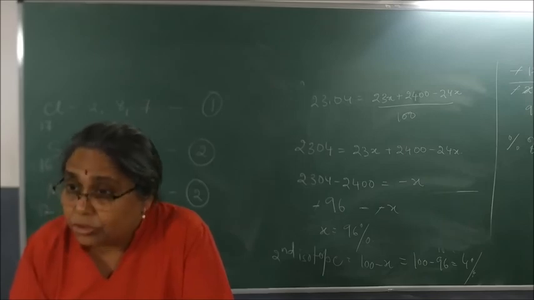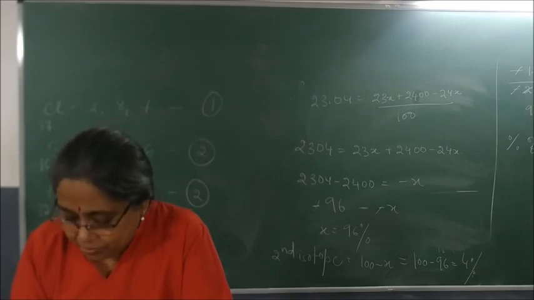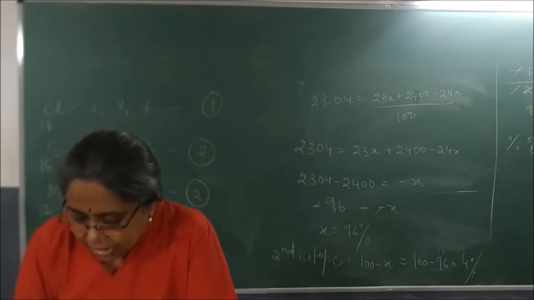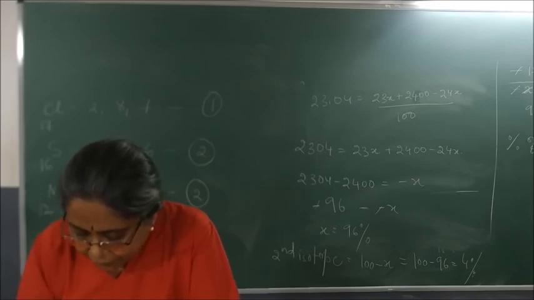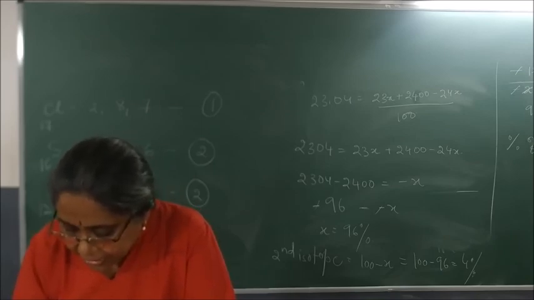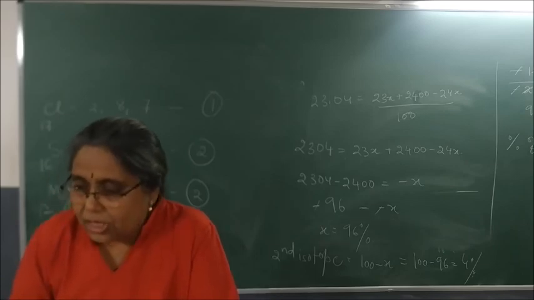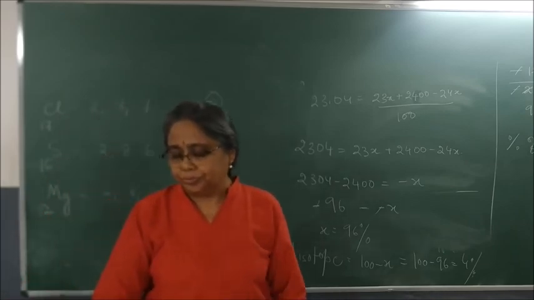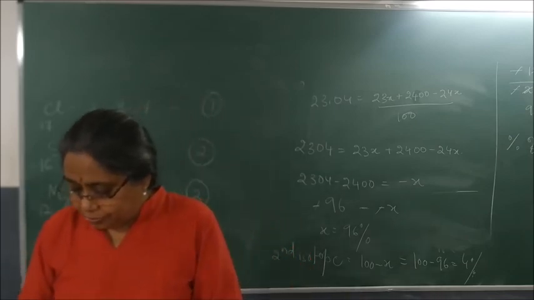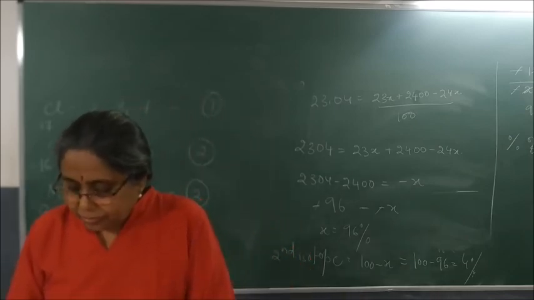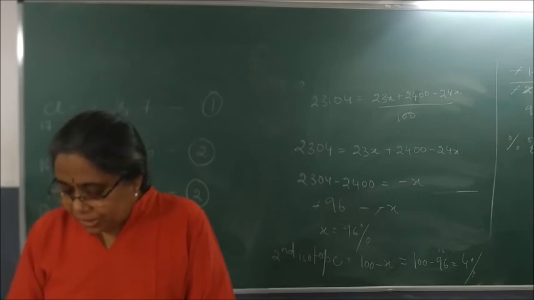Number of neutrons is 8. So, mass number 16. 8 plus 8, 16. Next, sulfur. Sulfur is 16 protons, 16 neutrons, so mass number is 32. 16 plus 16, 32. Shall we go to the next one?